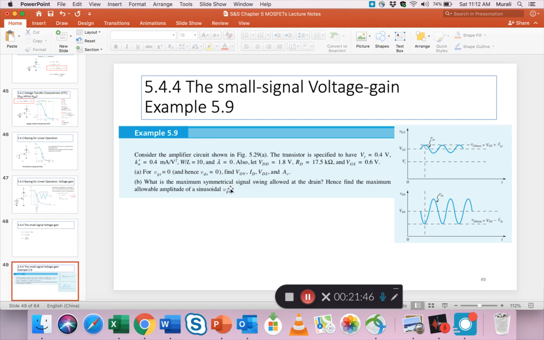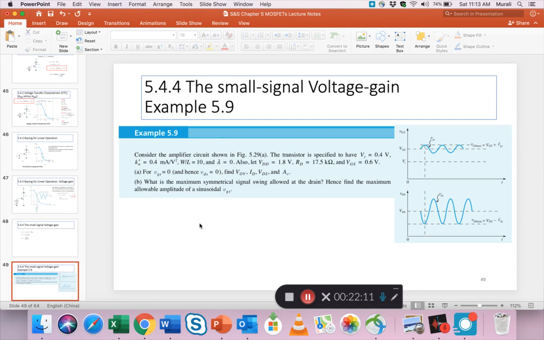The second part of the question says how much are we allowed to swing on either side. That means what can be the peak to peak value of the signal so that we are still linear. You would expect such a question to be very important, and that is the question we are being asked here.